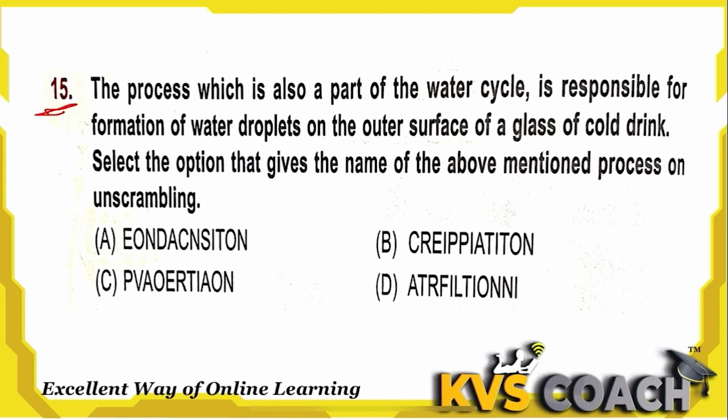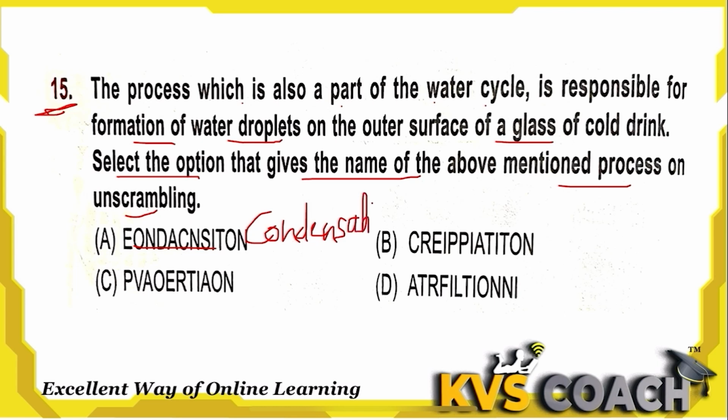Next question is, the process which is also a part of the water cycle is responsible for formation of water droplets on the outer surface of a glass of cold drink. Select the option that gives the name of the above mentioned process on unscrambling. So let's unscramble all these words first. The first word is condensation.